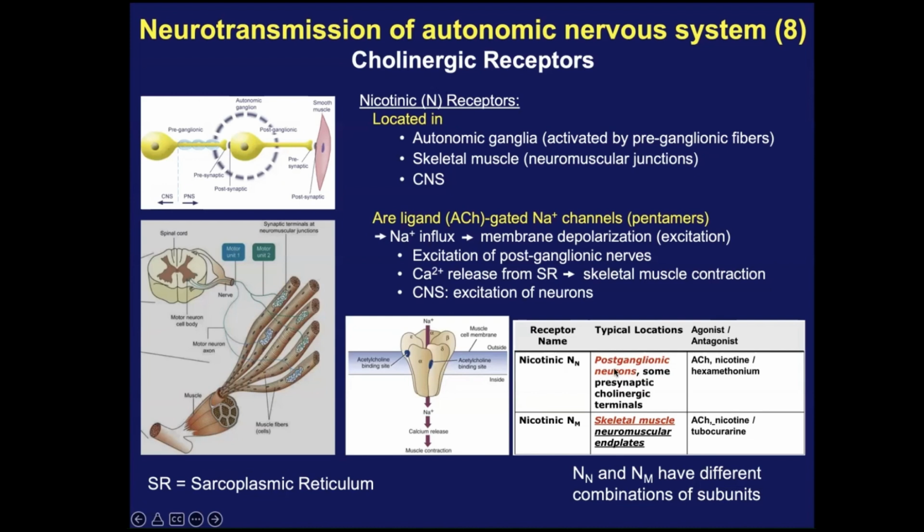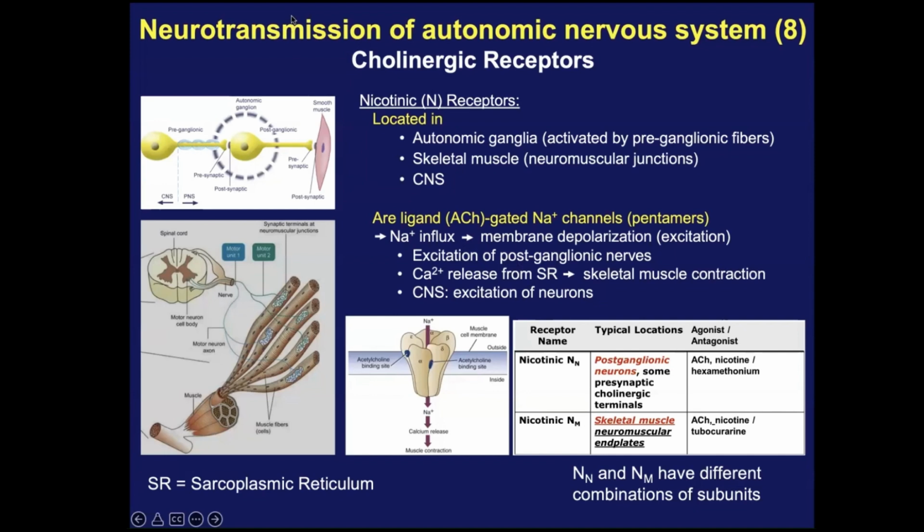The N receptors in the post-ganglionic neurons, as shown here, are called NN type, and in the skeletal muscle, these receptors are called NM type, and they have a similar function, but they have different combinations of the subunits.